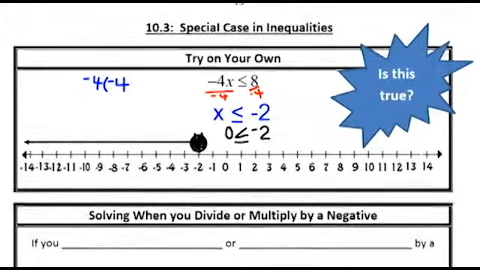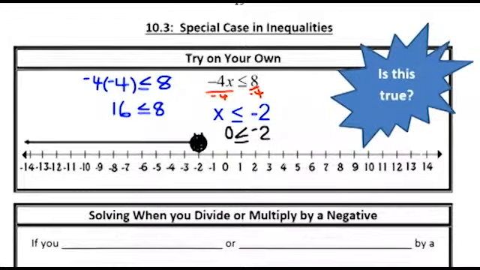Negative 4 times negative 4 is less than or equal to 8. Negative 4 times negative 4 is positive 16. Well, is positive 16 less than or equal to 8? No, it's a false statement. 16 is greater than 8. So the inequality that we plotted is not the inequality we started with.